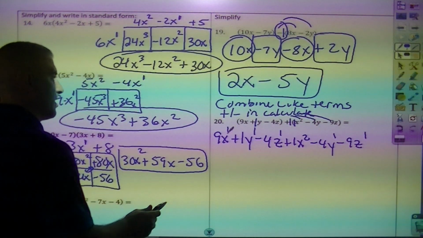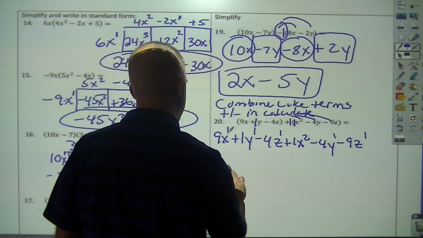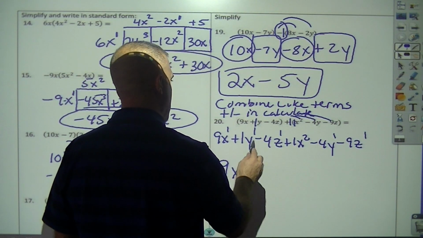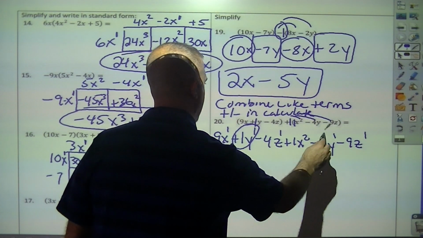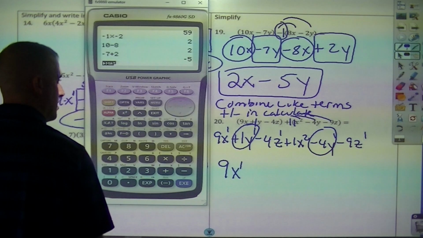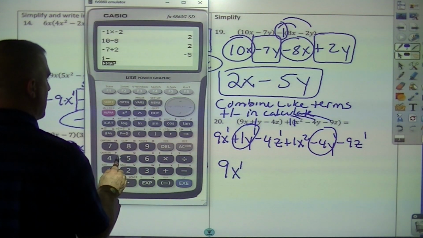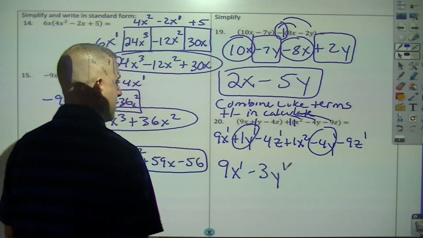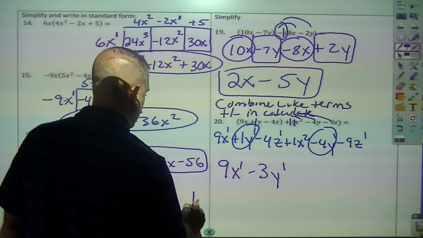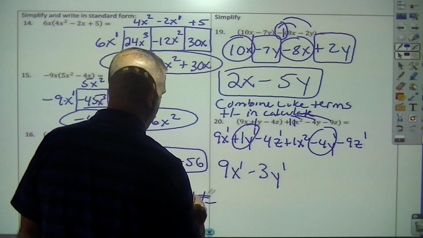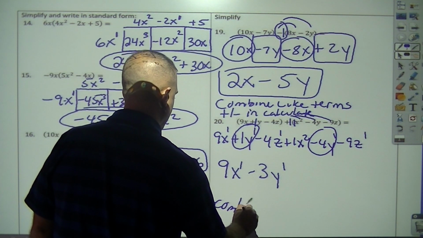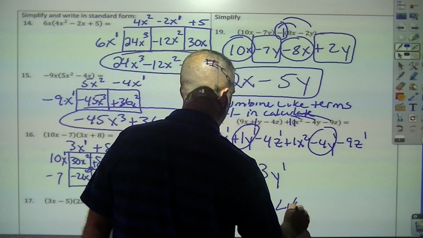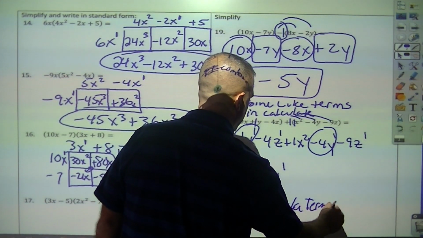Now, when I go to combine like terms, there is no other term that combines with the x. Now the y's, this one and this one will combine. So that would just be 1 minus 4. Now if you notice, I am not changing any of the exponents. So when you're combining like terms, don't change the exponents.